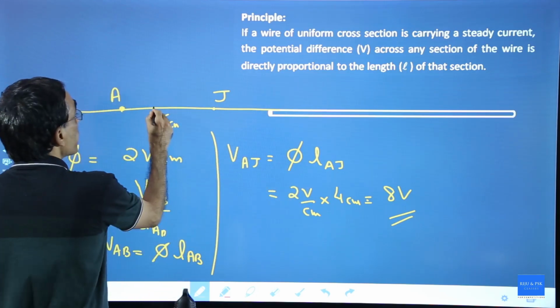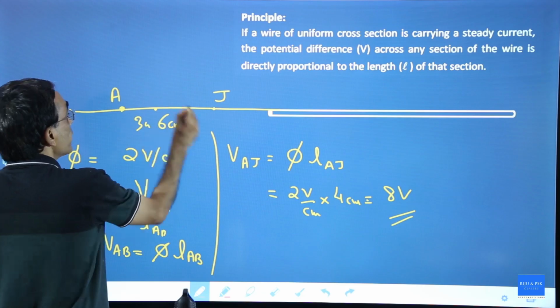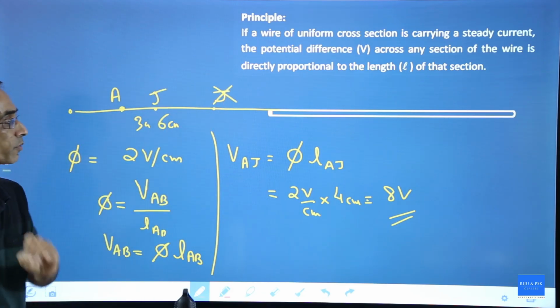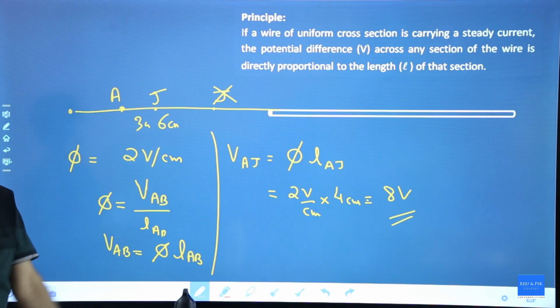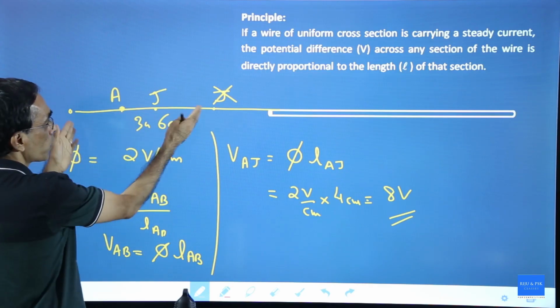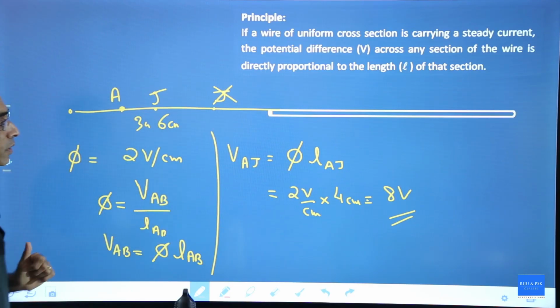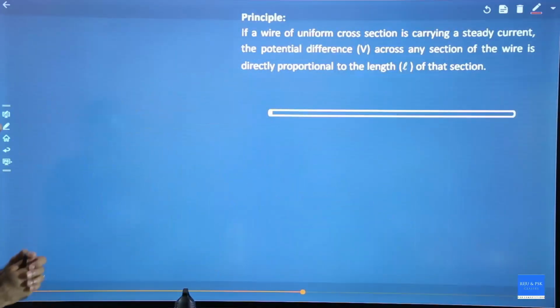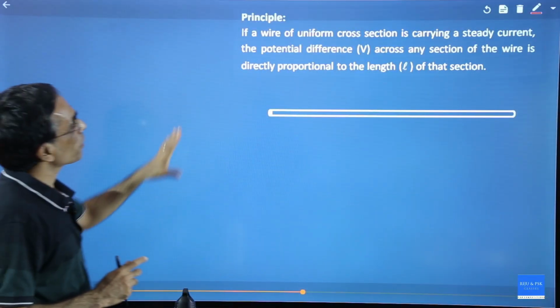What will happen if I take J here at 3 centimeter instead? Then that potential difference will become 3 into 2, 6 volt. So, it changes according to the distance. I think this part is also clear. Watch it till it is clear.